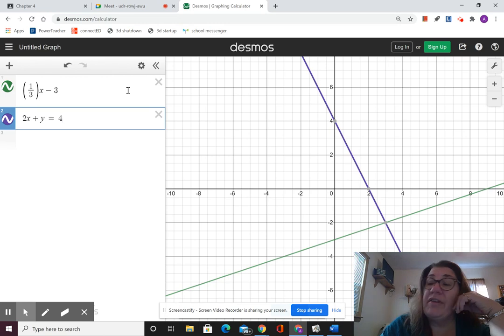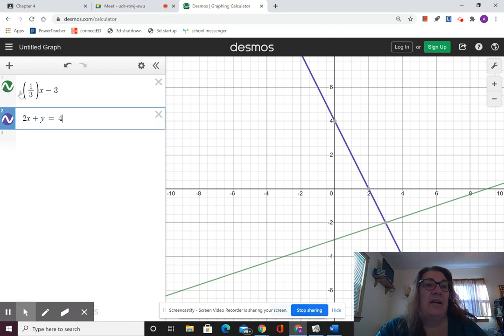Notice I didn't even have to solve for y on that one, because Desmos just takes the fraction and calculates it out, like 0.333. That would be the slope, so it would use that to go up 1/3.